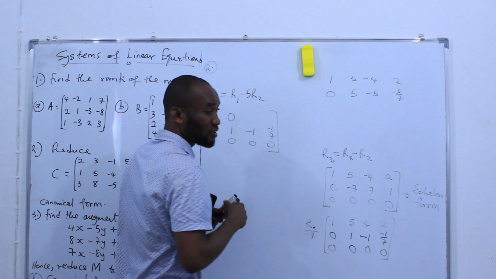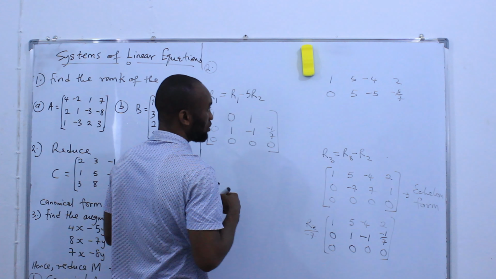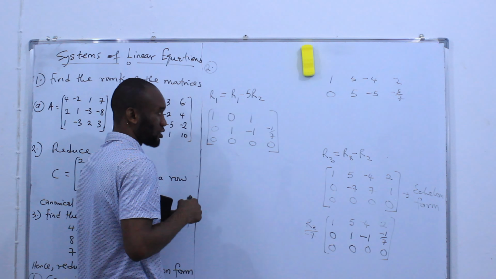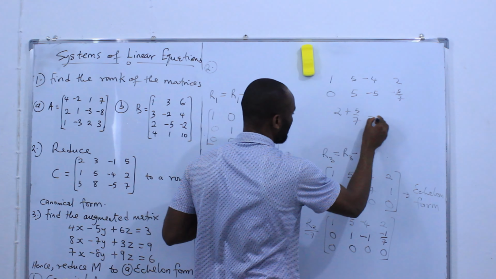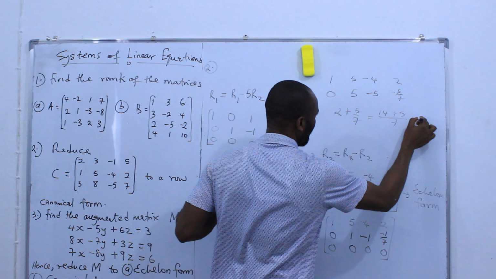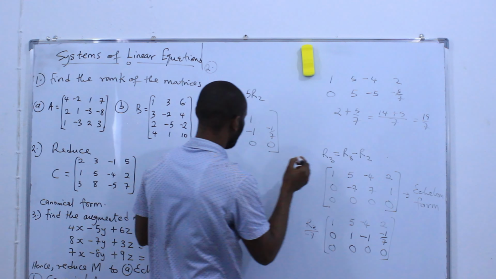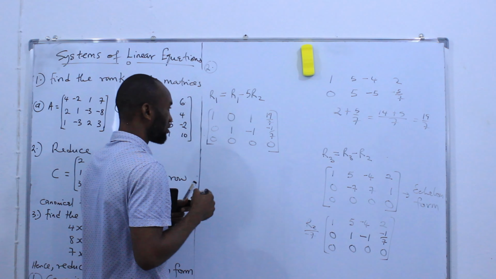Minus 4 minus minus 5 is 1. 2 minus minus 5 over 7, that's 2 plus 5 over 7, which gives us 14 plus 5 over 7, and that is 19 over 7.